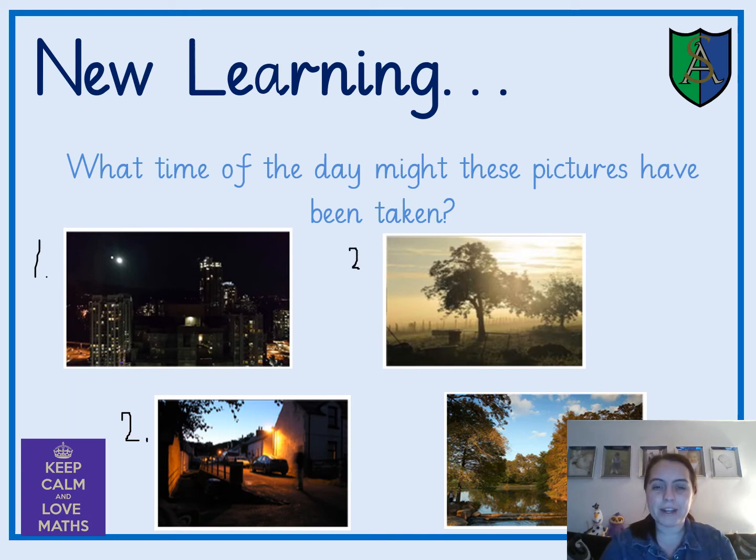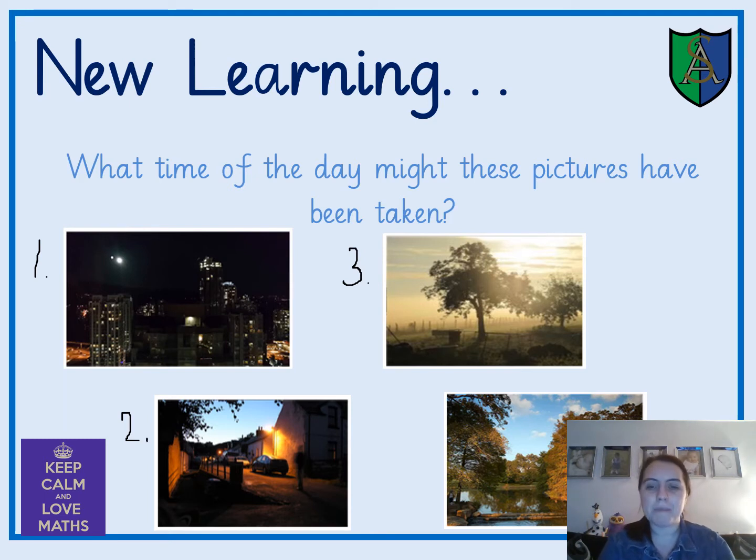Okay, picture number 3. This one, I don't know about you, but I thought this one looked very, very crisp, okay? And it's got all of that mist hanging around in the air, and it looks like the sunlight is just peering up and beginning to make its way up for the day. So I would say that picture number 3 was taken in the very early morning, okay?